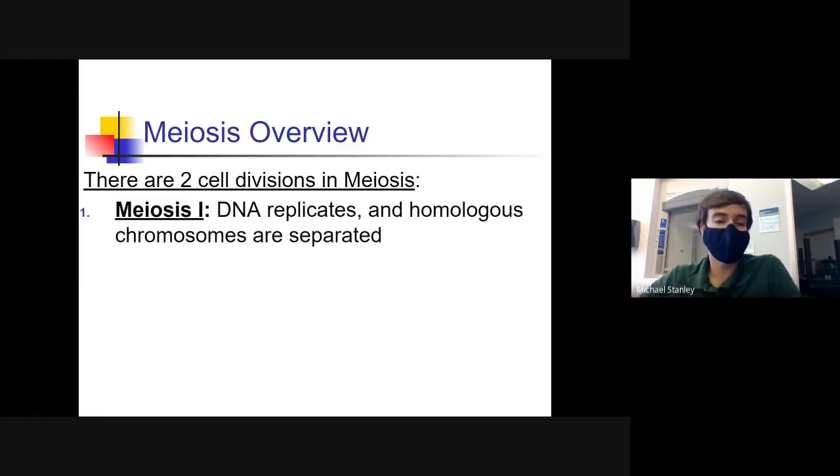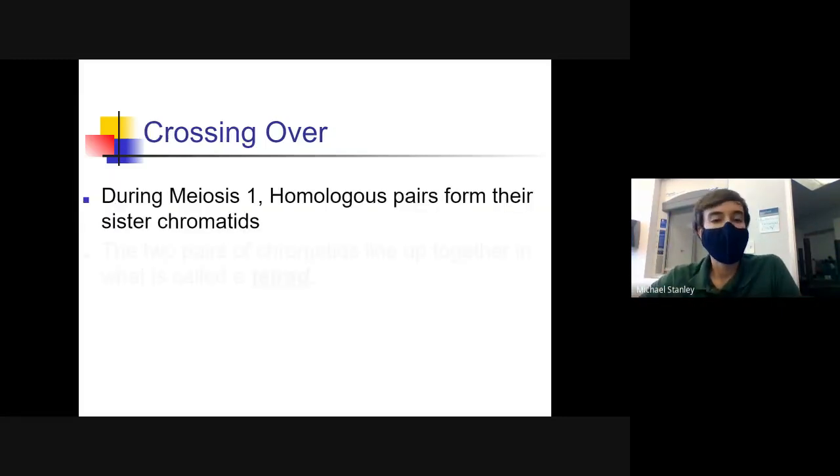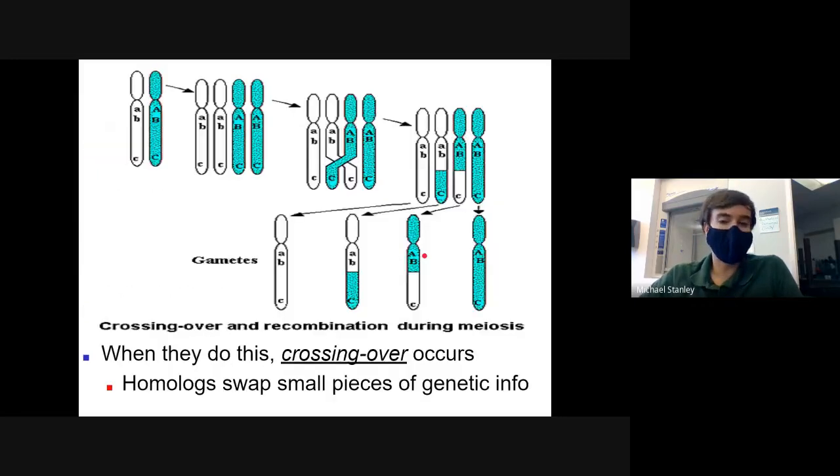Meiosis is pretty similar to mitosis, except it happens twice, essentially. The DNA replicates and then splits apart, but then it splits apart again. One interesting thing that happens sometimes in meiosis is called crossing over. Essentially, it happens when you get all of these chromosomes that double up and are lined up right next to each other.